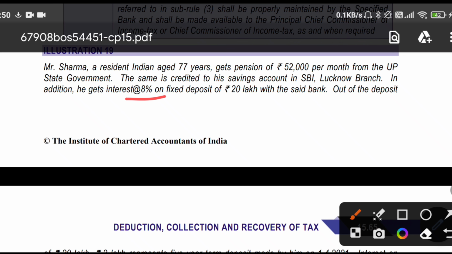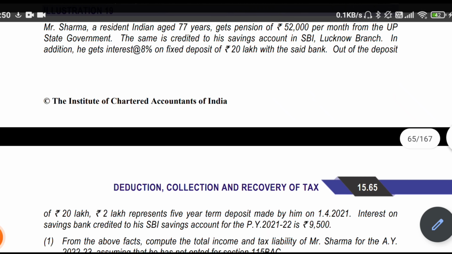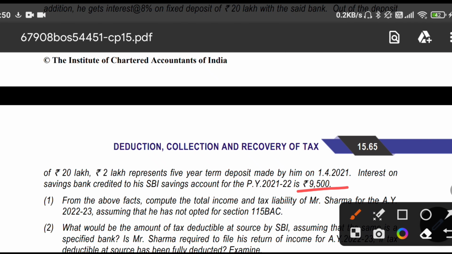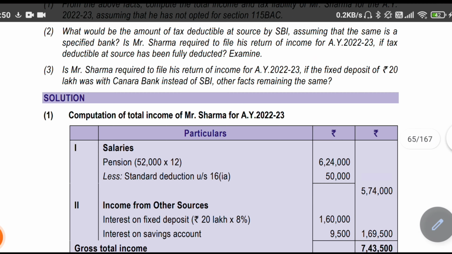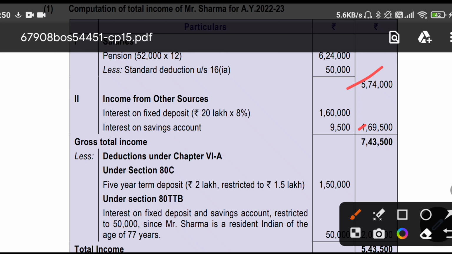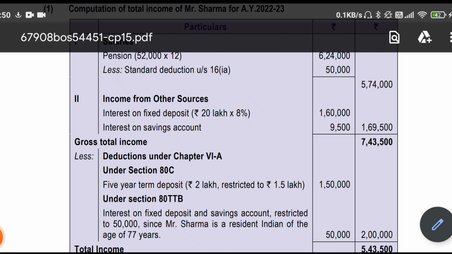So 1,60,000 will be the interest on FD, and 9,500 is the saving bank interest, okay? So total interest will be 1,69,500. So income from other sources will be 1,69,500. So here you can see the income from salary and income from other sources, it's matched, right?